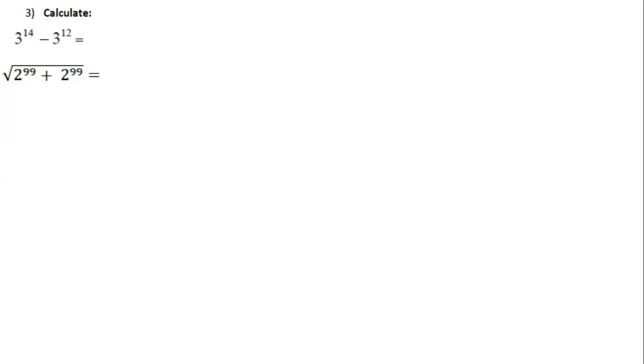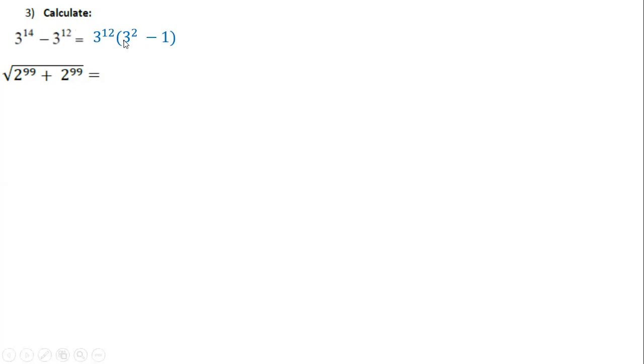12. So as common factor, we take 3 to the power 12 and we open parentheses because we are factorizing. 3 to the power 14 over 3 to the power 12 is 3 squared, minus 3 to the power 12 over 3 to the power 12 is 1.